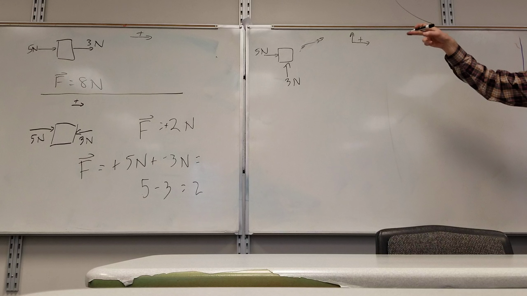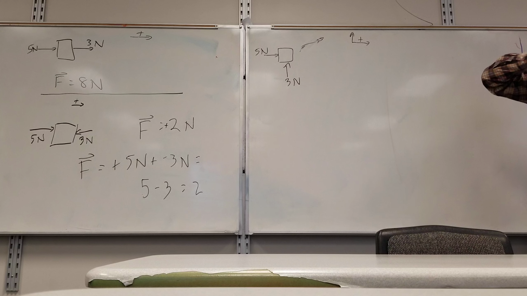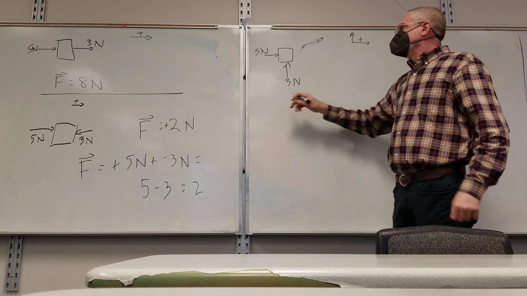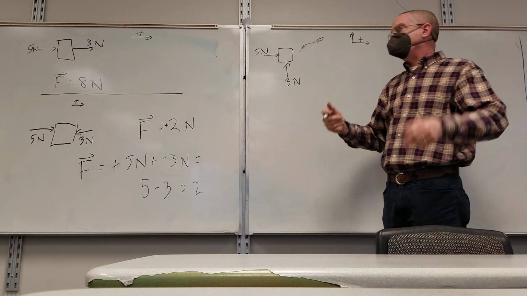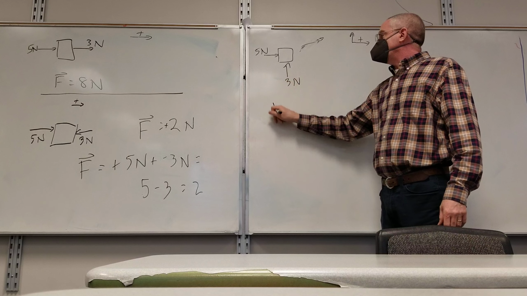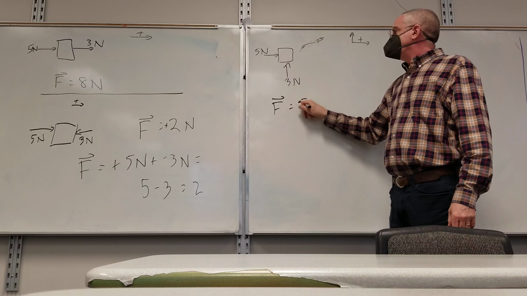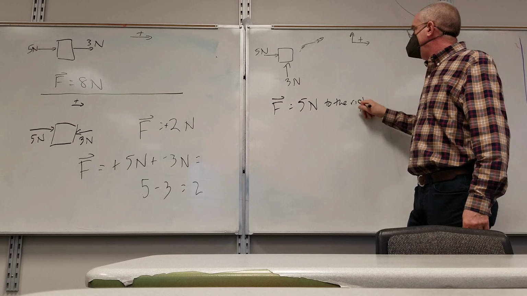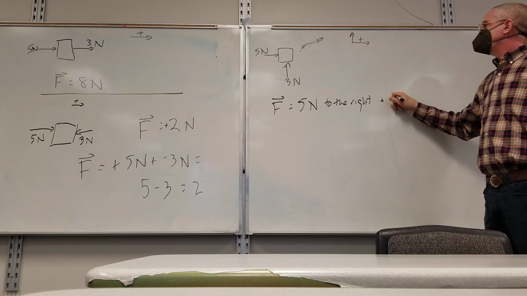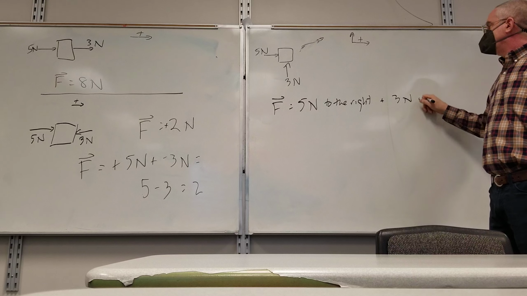If we're dealing in 2 dimensions, we can't just get away with just a plus or minus. And now we have to bring in something else. I'm going to write it out the long way just so that you might appreciate the short way. So the total force here, 5 newtons to the right, plus 3 newtons up.